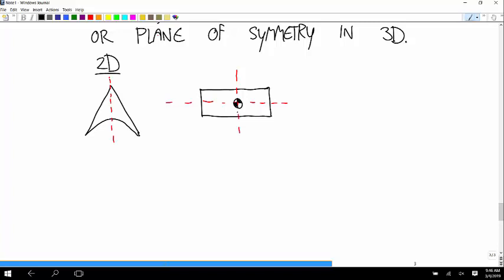That's the center of mass symbol. And then same with ellipses and stuff like that. There's two lines of symmetry, and where they intersect is the centroid. A circle has, I can't think of any other 2D, yeah, this is the only 2D shape that has this. There are infinitely many lines of symmetry, but that's okay because they all meet in the same spot, and so that's the centroid.